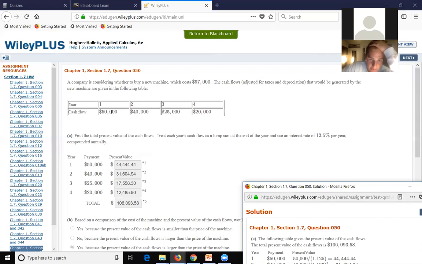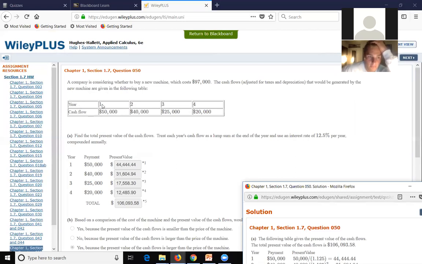Okay, so let's try this question here. It says a company is considering whether to buy a new machine. It costs $97,000. Now the cash flows that would be generated by the new machine are given in the following table.